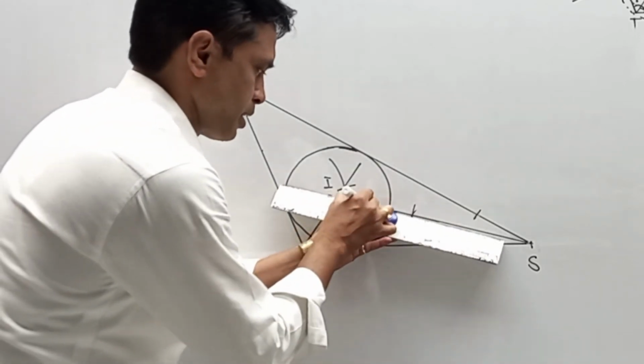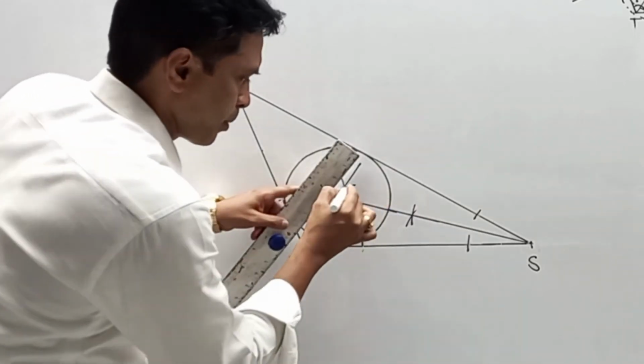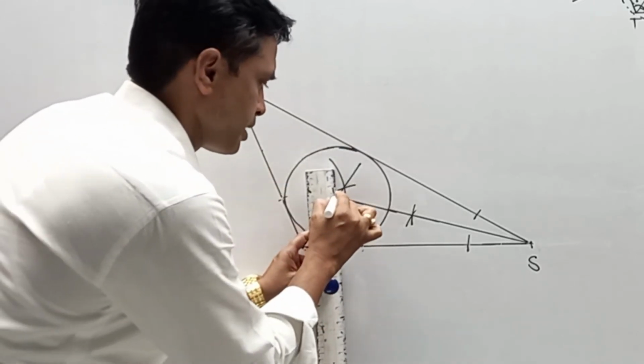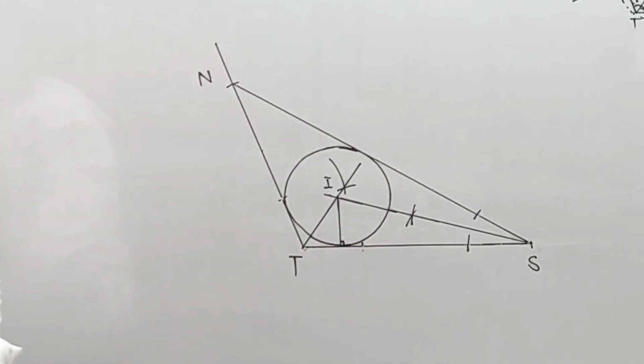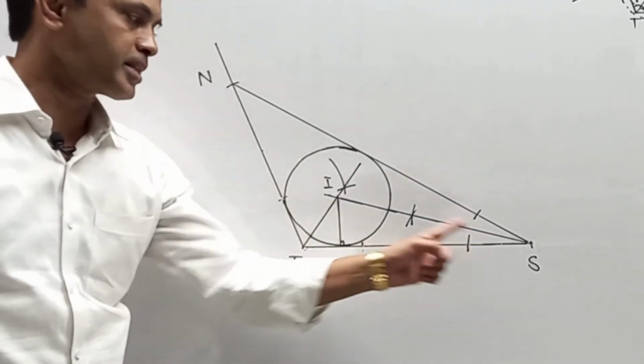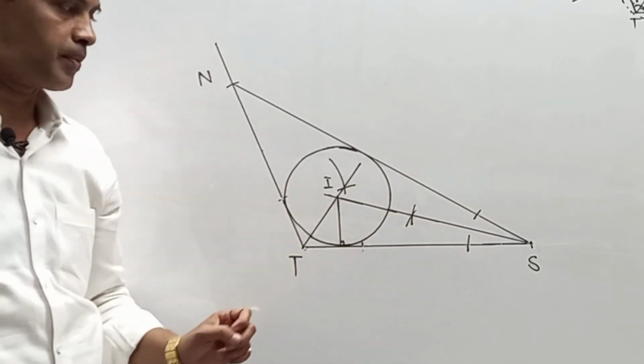Students, definitely my instrument will not be that perfect, but when you draw it in a notebook, you will perfectly get the center as well as all parts in proper manner. So first, with the help of the process of angle bisection, we are able to draw the incircle.